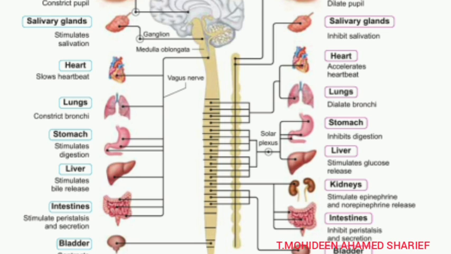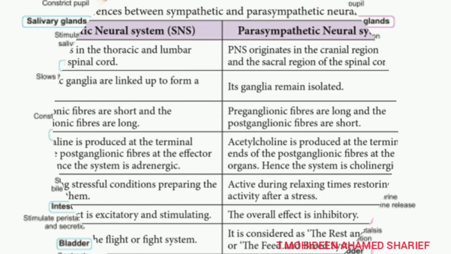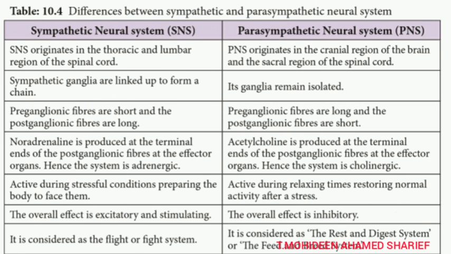Whereas the sympathetic nerves dilate the eyes, accelerate the heartbeat, dilate the bronchi, inhibit digestion and stimulate glucose release. In the intestine, it inhibits peristalsis and secretion. In the bladder, it relaxes the bladder. These are the sympathetic functions.